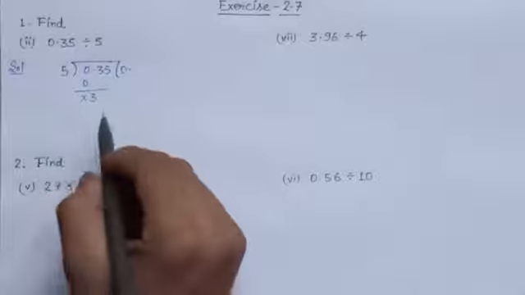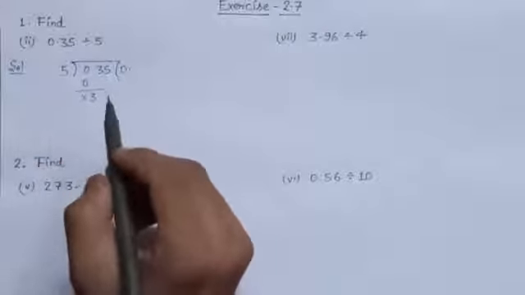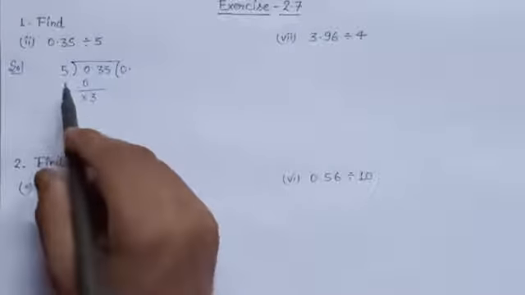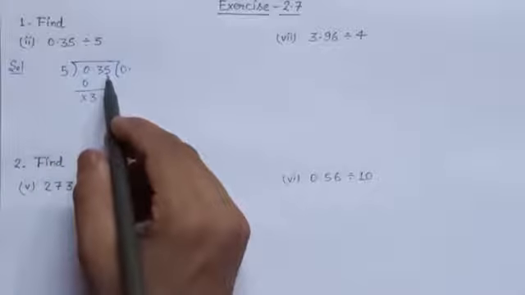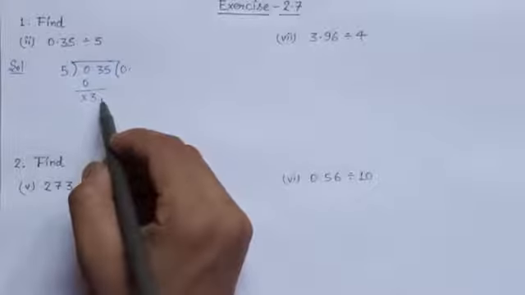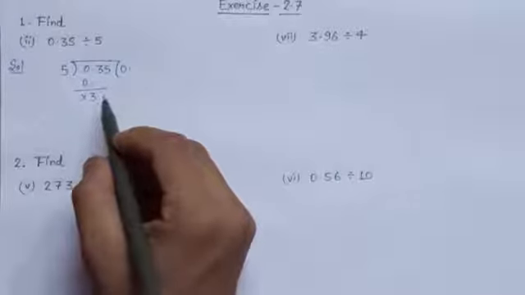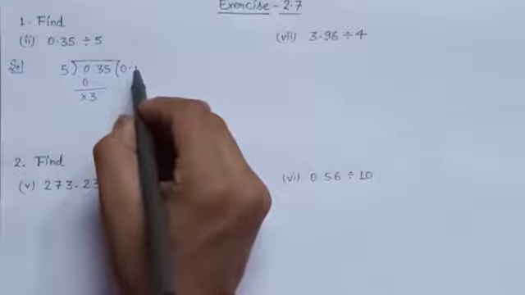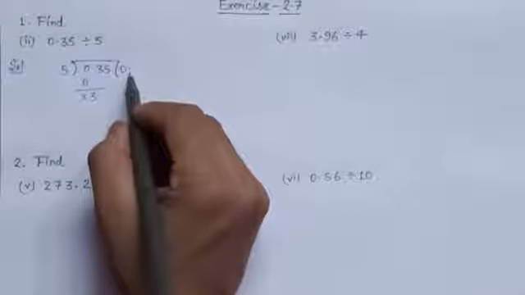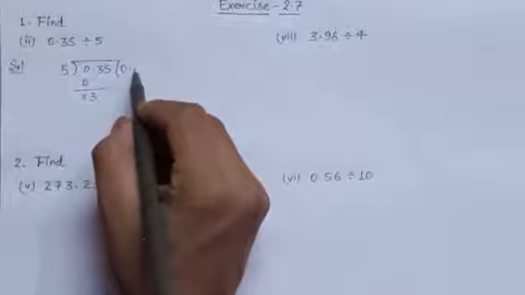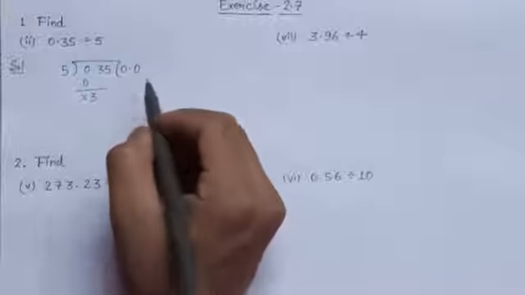Again students, you can see that 3 is less than 5. So we cannot divide 3 by 5. So we have to take the next digit also here. In order to take the next digit here, first we have to place 0 on the right side of the decimal point in the quotient. So we put 0 here.